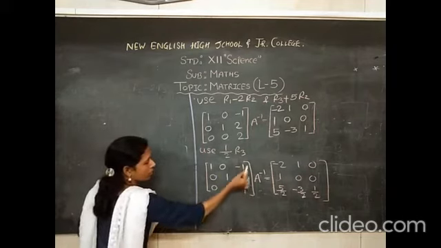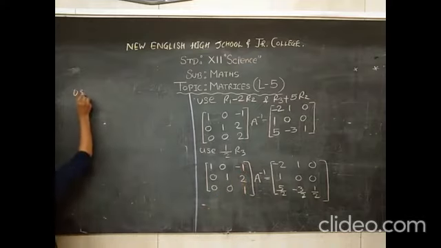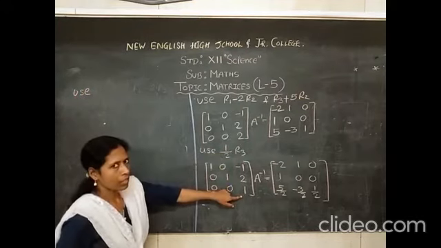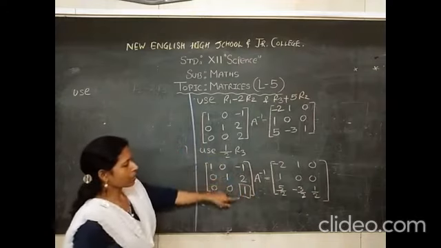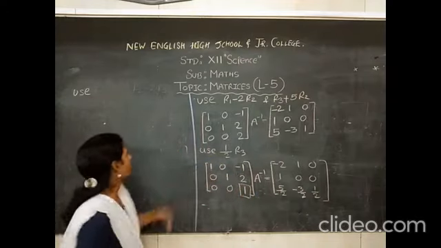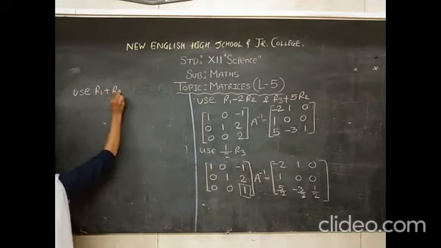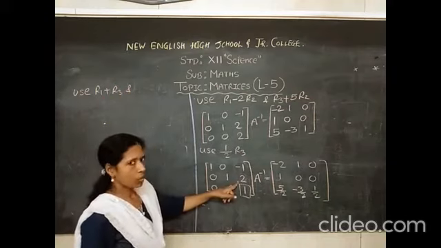Now we want to make it 0, and this one also 0. So, R1 plus R3. We will take help of this one only. R1 plus R3, it is minus 1 plus 1, that will become 0. So we will use R1 plus R3.